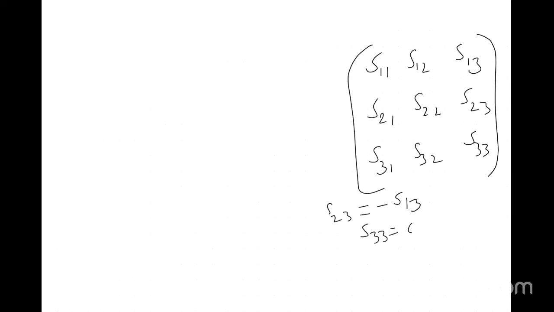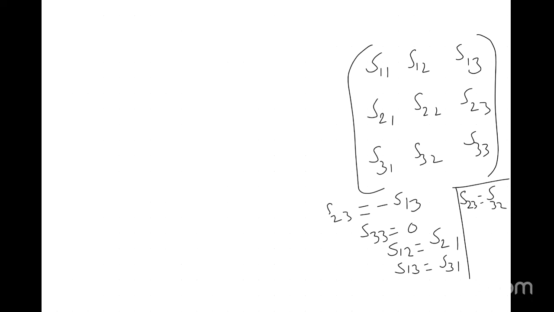The next condition is S12 equal to S21. Next, S13 equal to S31. The next condition is S23 is equal to S32. All these conditions are substituted in the 3 by 3 matrix.